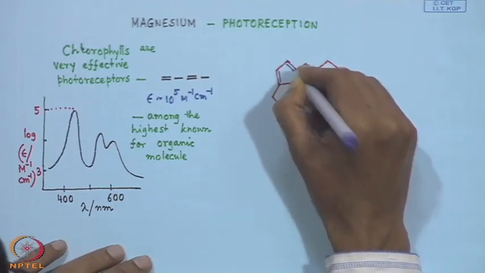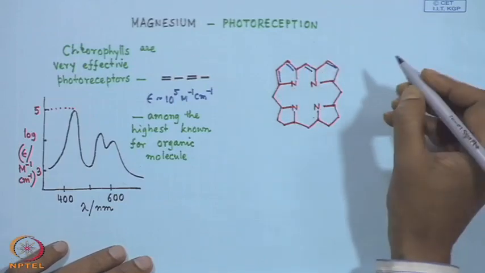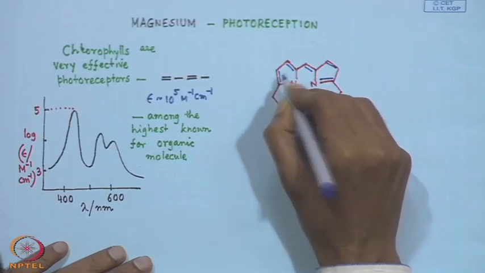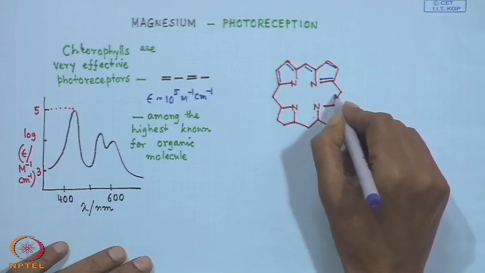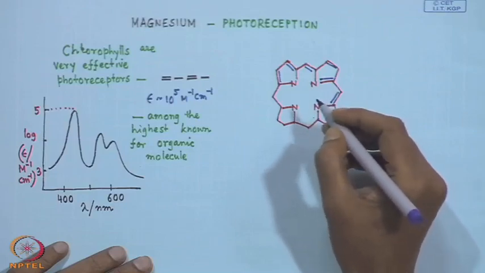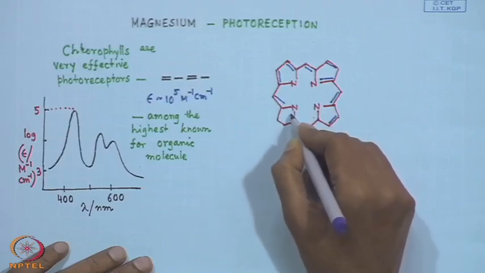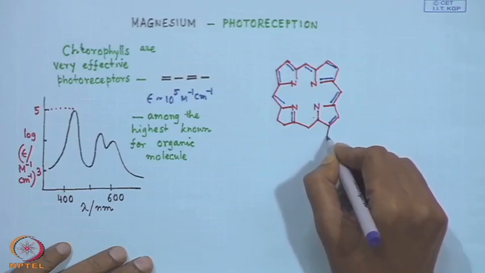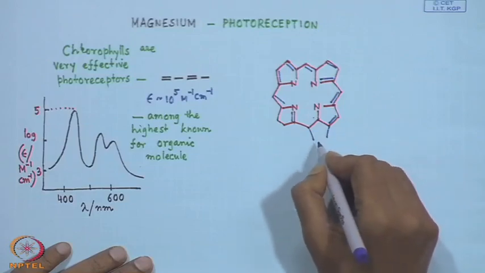And we all know the numbering scheme, what are the different groups, because sometimes we see that one of the rings is reduced or partly reduced. So, we number from top left: this is the first ring, this is the second ring, and then we have the third ring, and apart from that something else is there, where we have a fused cyclopentanone ring.